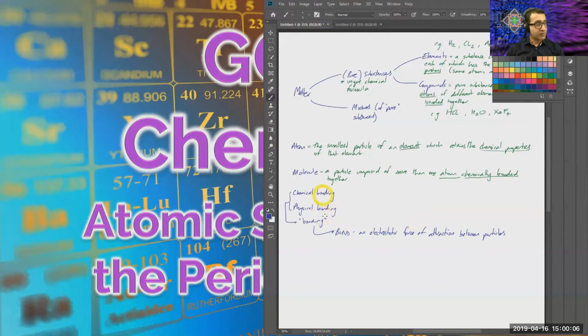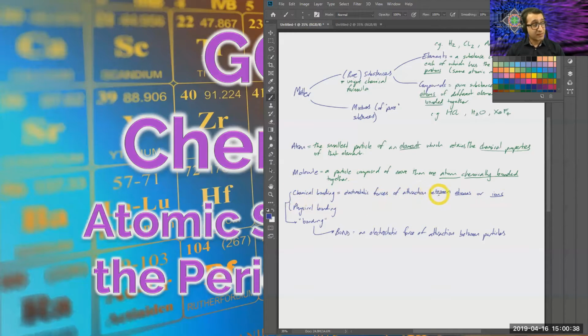So if they share this aspect, then what is the difference? Well, chemical bonding is electrostatic forces, again of attraction, between atoms or ions. So this is what a chemical bond is.